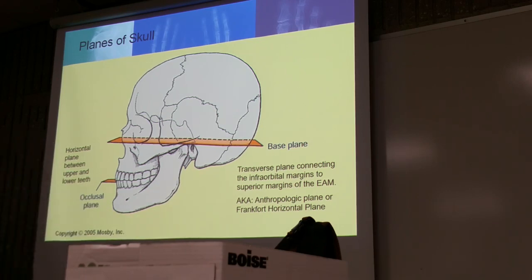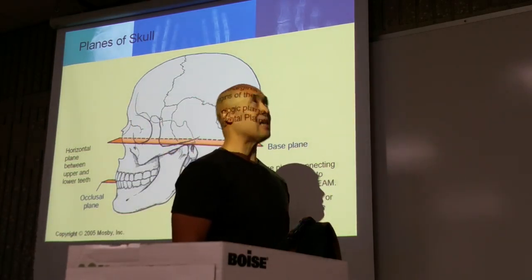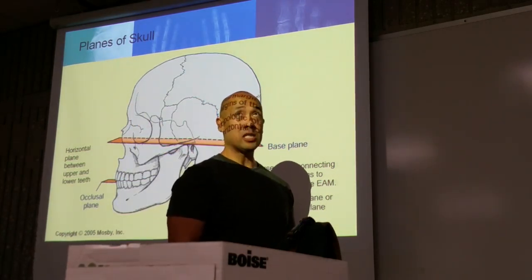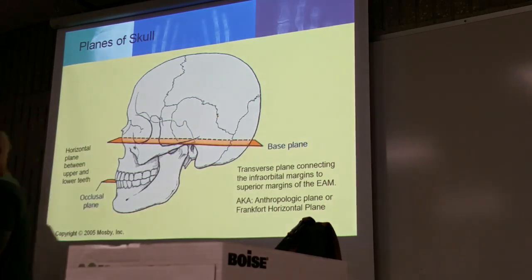And this is an imaginary line that goes from your infraorbital margin, right below your orbits, into your EAM, or your external auditory meatus. We use this imaginary line to position the skull in certain ways when we're taking x-rays of the cranium, the bony calvarium, or the facial bones.